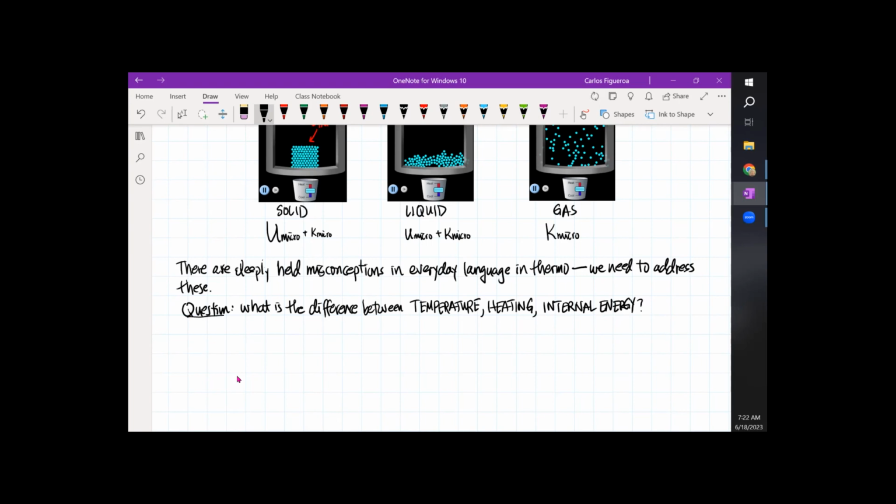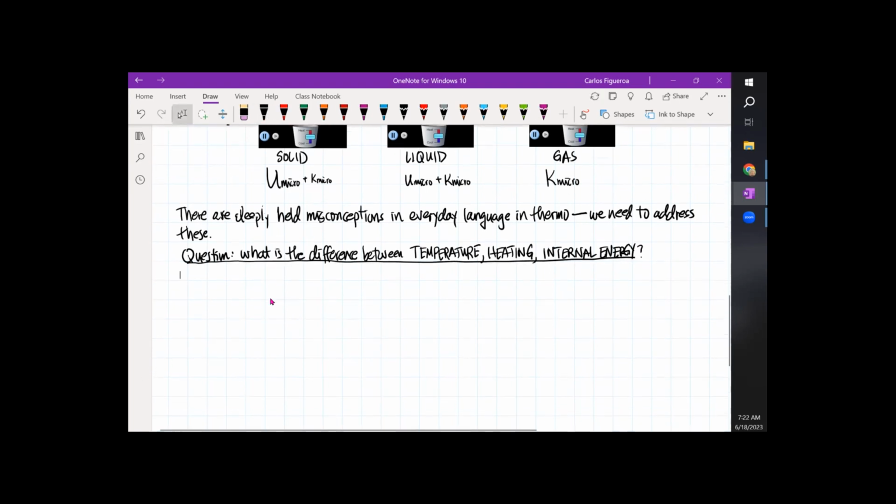That's what we really want to address right there. So the first thing that we should do is we should talk about classical temperature.